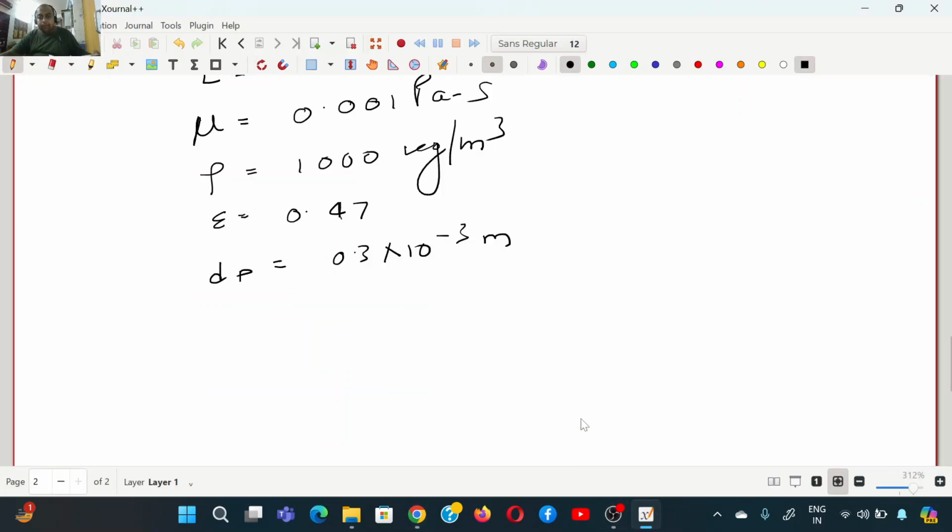So now you plug in all these values in the Ergun equation. If you plug in all the values, you get 8260 divided by 1.2 is equal to 150, and so on.